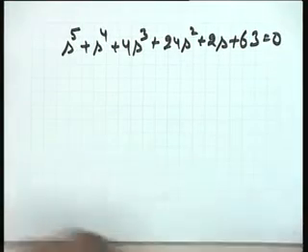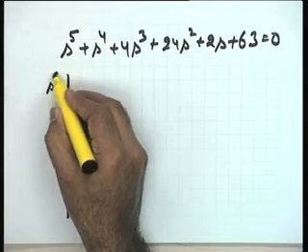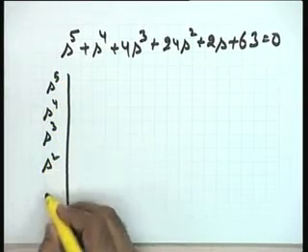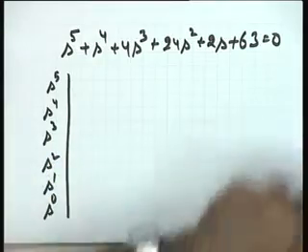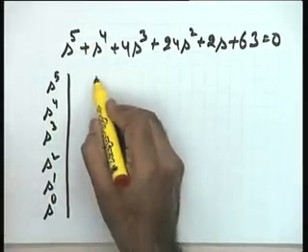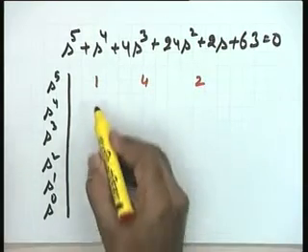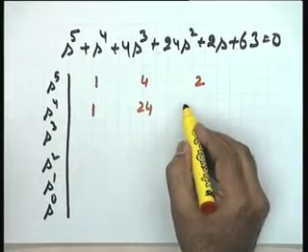This is the system I have taken, and let us now apply the criterion on this system. s5, s4, s3, s2, s1, s0. The first power is an odd power, so all odd coefficients 1, 4, 2, even coefficients 1, 24, 63.